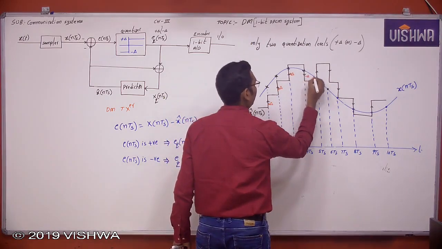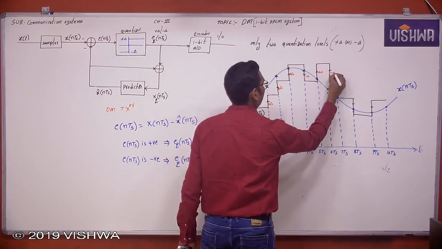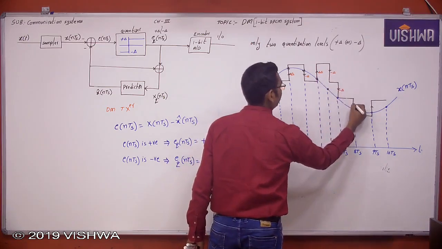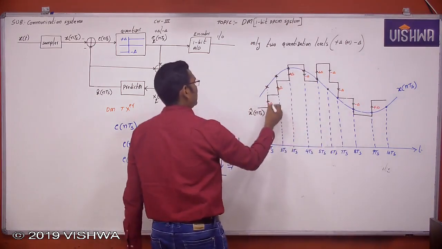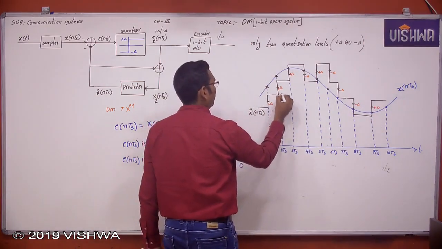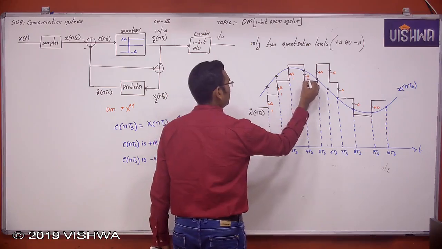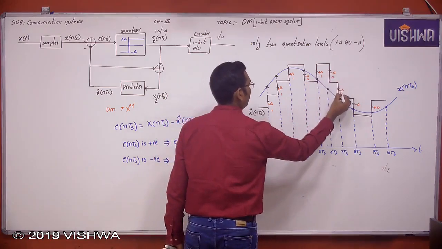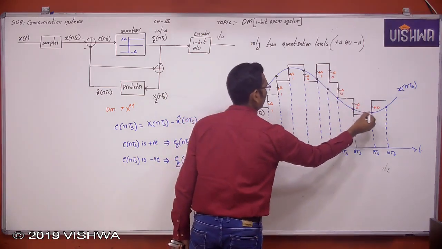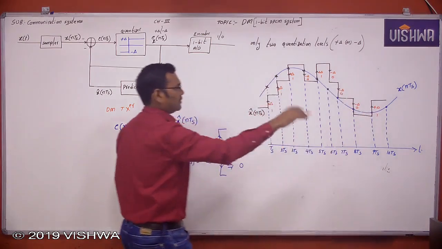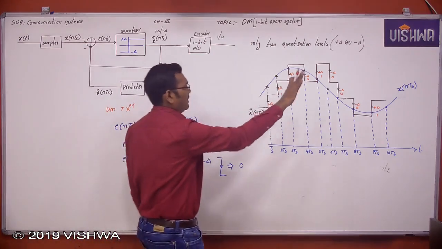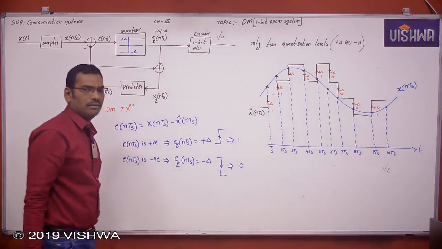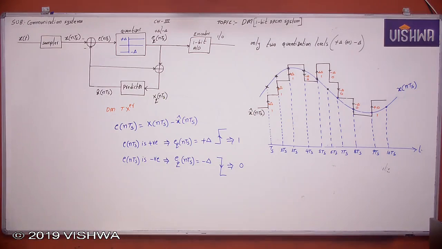Now decremented delta, incremented delta, decremented delta, incremented delta, like this. Now this is encoded as binary 1, 1, 1, 0, 1, 0, 0, 0, 1, like this. Now this is the delta modulation transmitter portion. Clear or not? Now we'll see the reception, which is very easy.